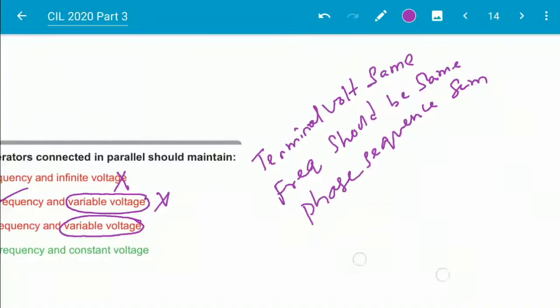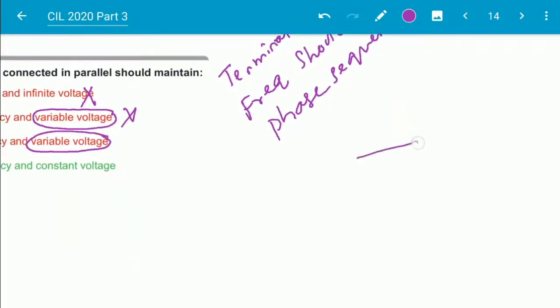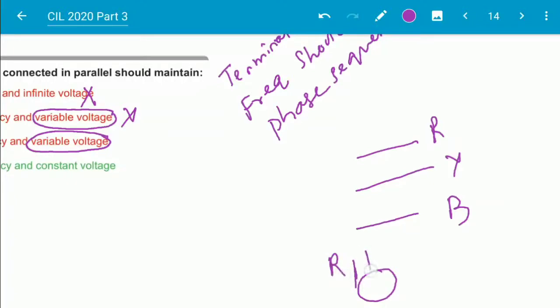Phase sequence being the same means, suppose this is R, this is Y and this is B. I am bringing an alternator to connect it. This is its R, this is Y and this is B. I have to connect it to the corresponding RYB. If we connect it wrongly, then it will be short circuited at some time in the cycle.